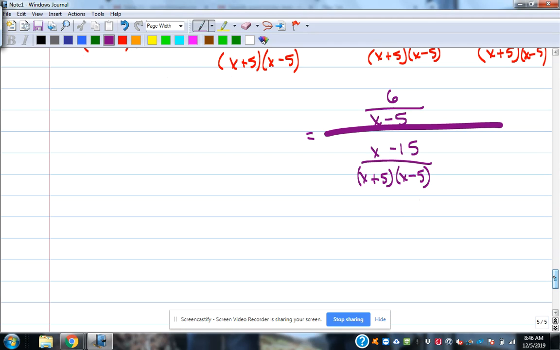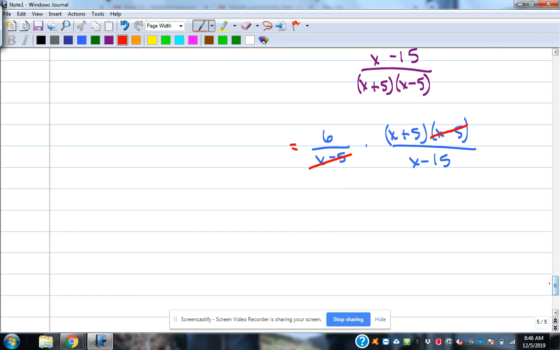Yeah, now set it up as multiplication. 6 over x minus 5 times x plus 5, x minus 5 over x minus 15. Tucker's favorite part. 6 times x plus 5.